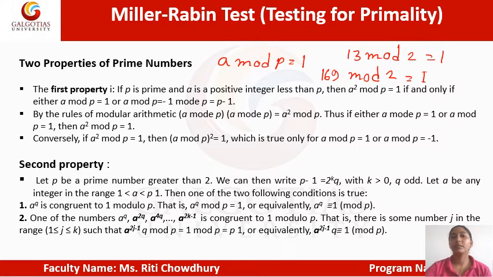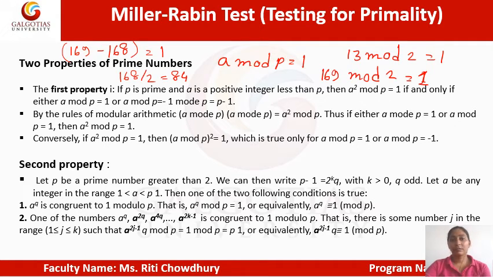Because 168 is divisible by 2. So 169 minus 168 is equal to 1, and if we divide 168 by 2, the result will be 84. So the quotient will be 84 and the remainder will be 1. So that's why this is satisfied.